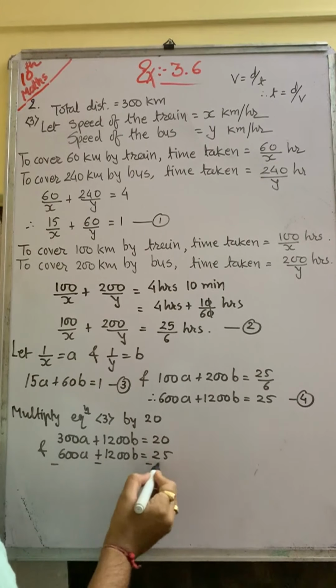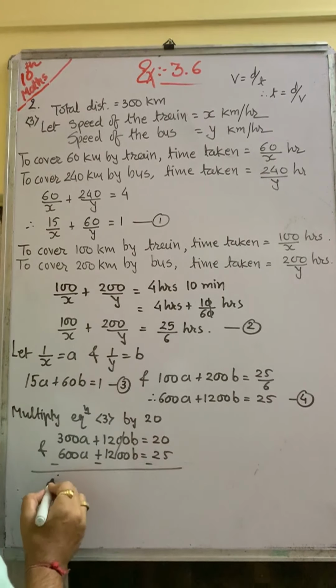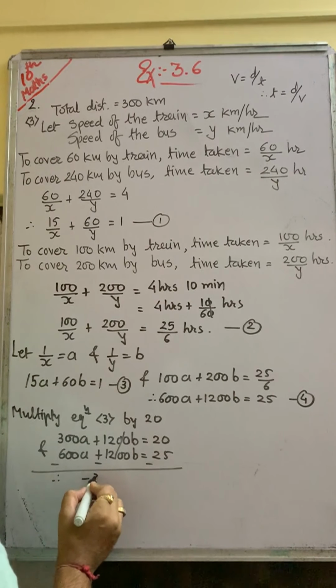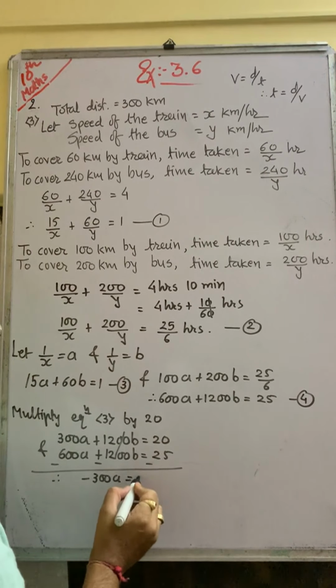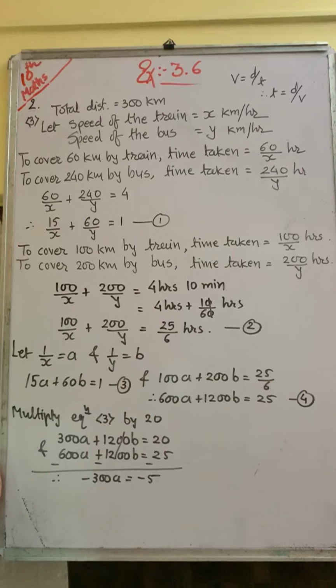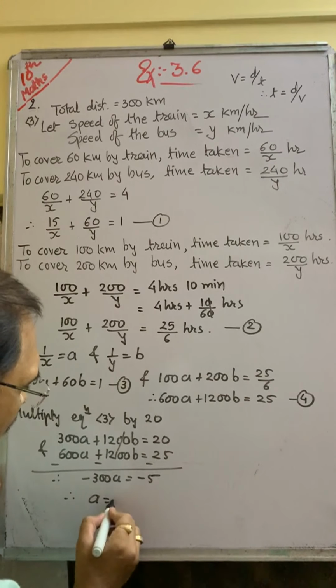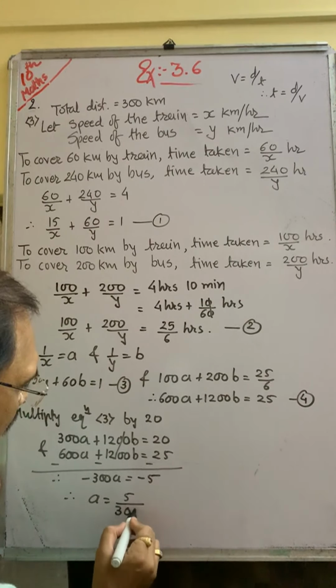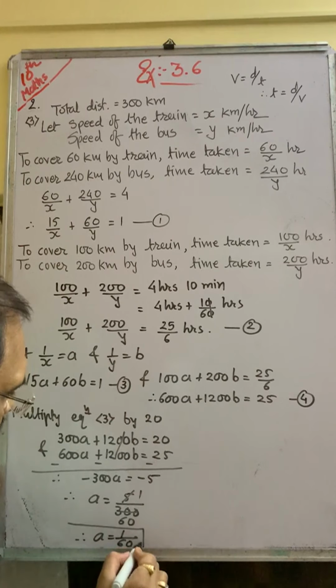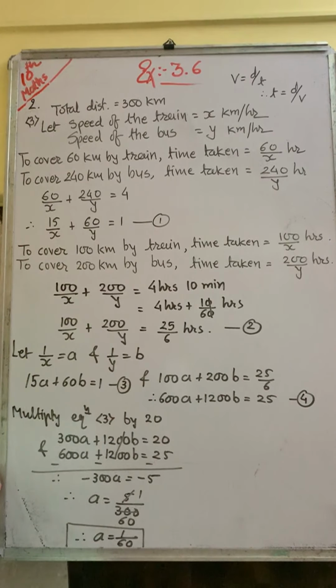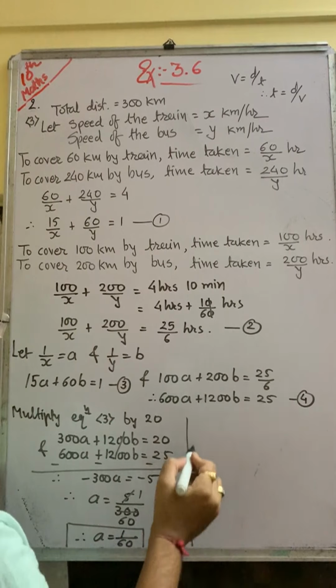Change the sign. 300a minus 600a minus 300a equal to minus 5. Minus minus plus, 300 moves down. So a equal to 5 upon 300. 5 ones are 5, 60s are 300. So a equal to 1 upon 60. Okay. Now place the value of a in number 1.